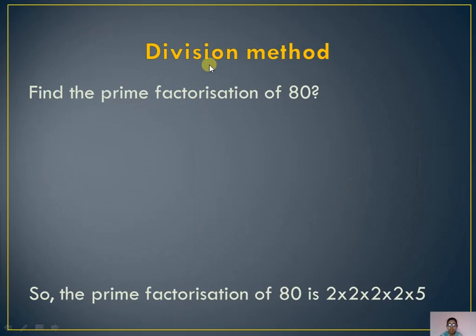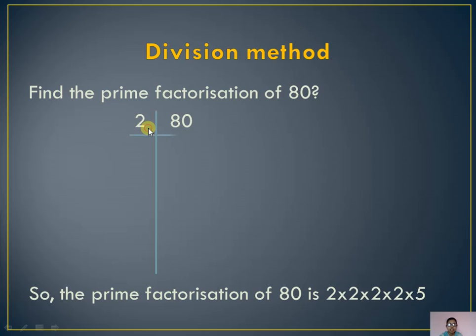Now the next method is division method. Find the prime factorization of 80. So here first we have to divide this 80 by the smallest number. We know that 80 is completely divisible by 2.